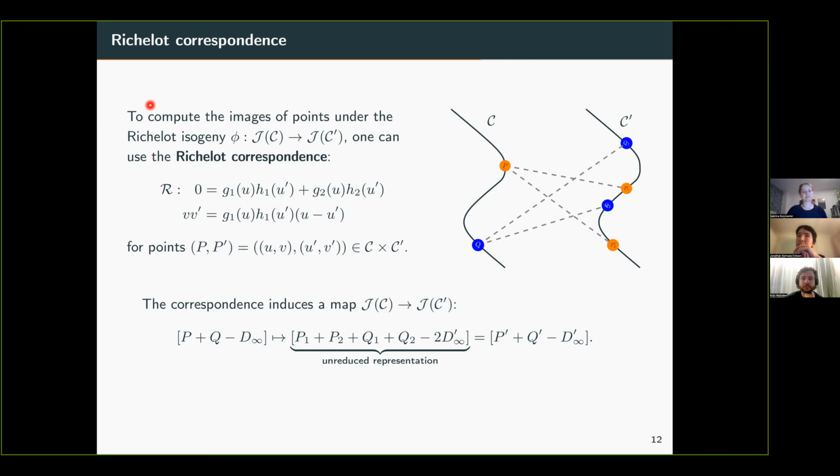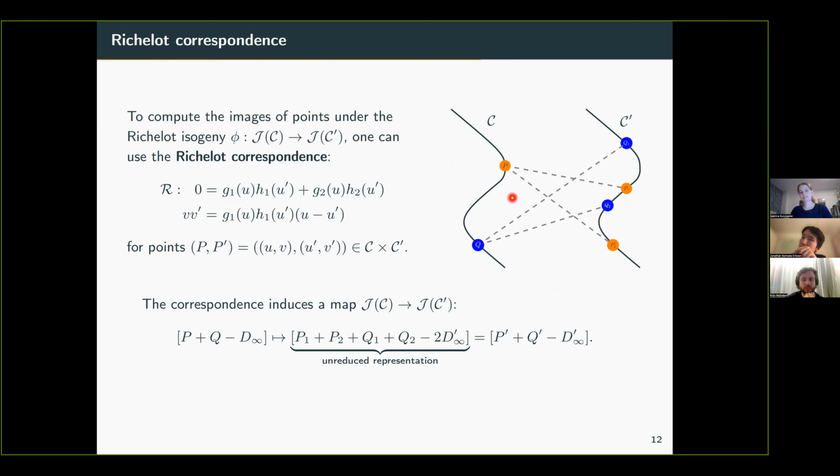The Richelot correspondence is a correspondence on the curves C and C prime that's defined by two equations, and that again only depend on the polynomials gi and hi. To understand what this means, I depicted the situation on the right.